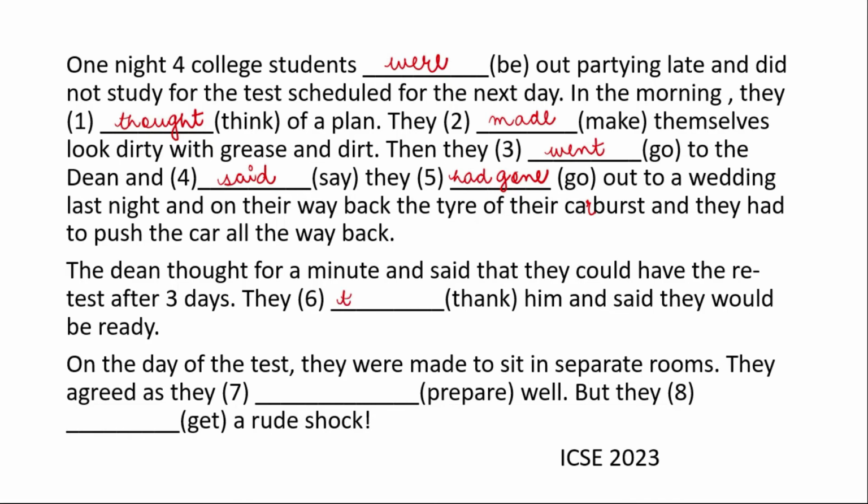They thanked him and said that they would be ready. On the day of the test, they were made to sit in separate rooms. They agreed as they had prepared. Well, but they got a rude shock. Past of get is got.